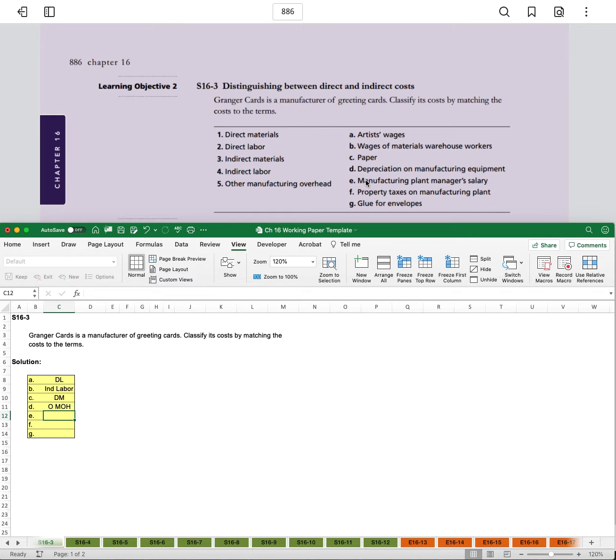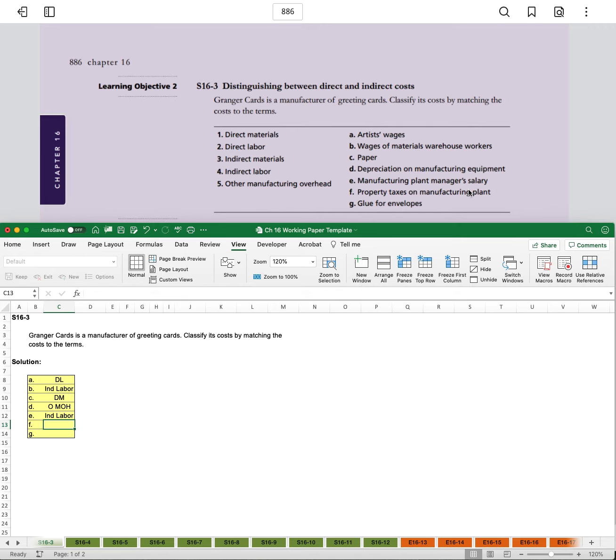Instead, they're overseeing maybe all of the artists, and so their day might be spent more with one artist than a different artist. So instead of us trying to break that down into how much of their salary belongs to artist A's product versus artist B's product, we will call that indirect labor and then distribute it amongst all the products. So manufacturing plant manager salary, indirect labor.